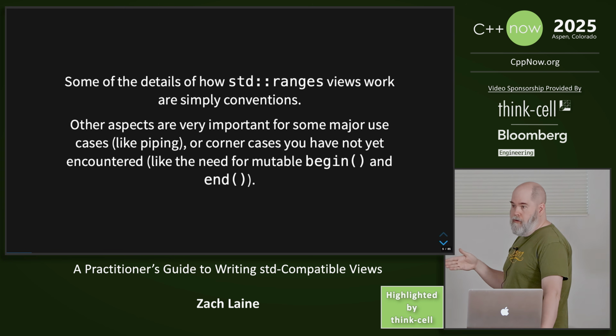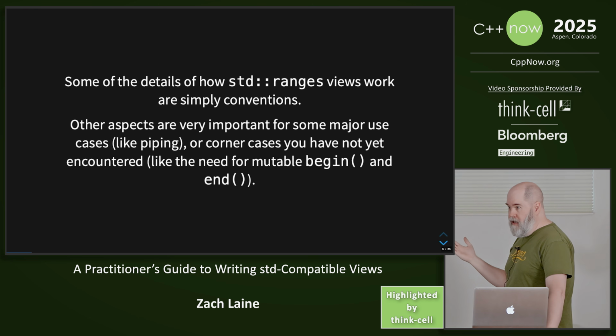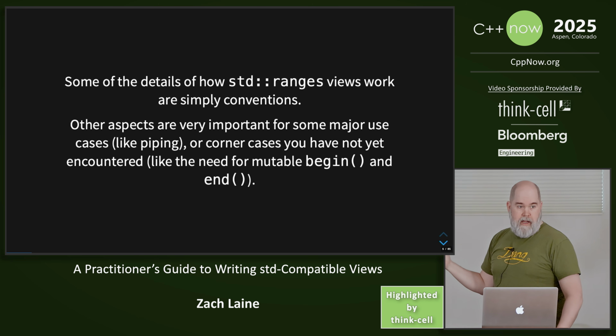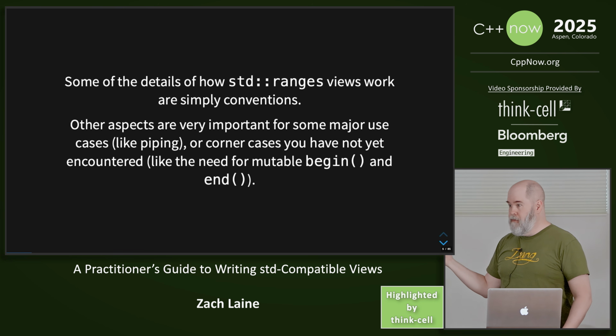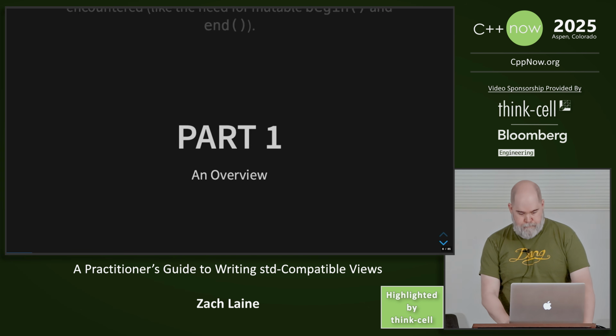If you don't write your view the right way, then it's not pipeable with other views. There's also a mutable begin and end in pretty much every view. Why you need a mutable begin and end is not at all obvious. You've had years or decades writing a const begin and end on anything that doesn't mutate the state of the thing you're calling it on. And yet here you have to have the mutable ones. We'll explain why when we get to that.